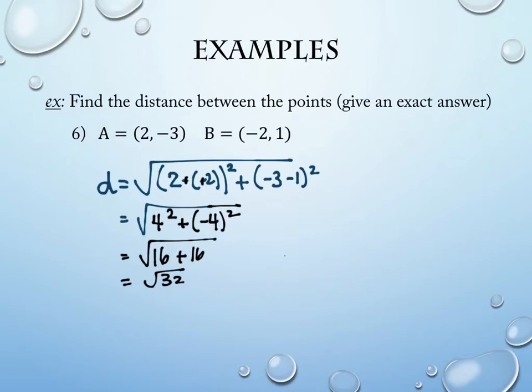If we take 32 and we factor it down, maybe we try 4 times 8 first, and then 4 is 2 times 2. And interestingly enough, 8 is also 2 times 2 times 2. So I have 5 2's.